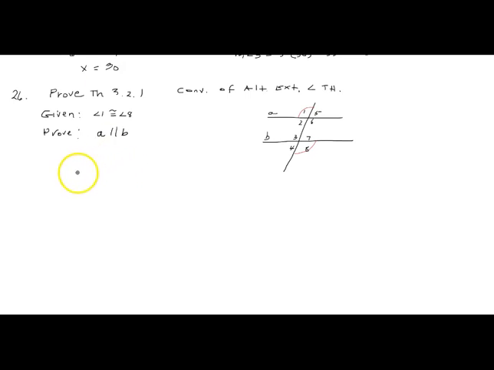So let's draw our two-column proof. And we'll have our statements and our reasons. We know the first one will be the given. And number 1 will be angle 1 is congruent to angle 8.